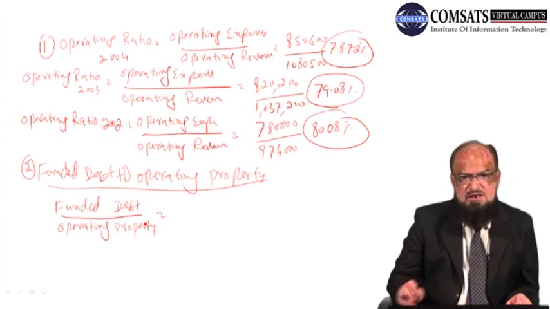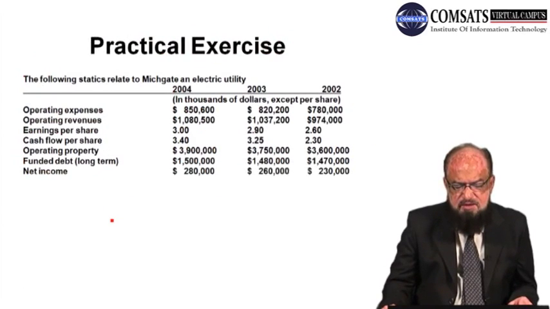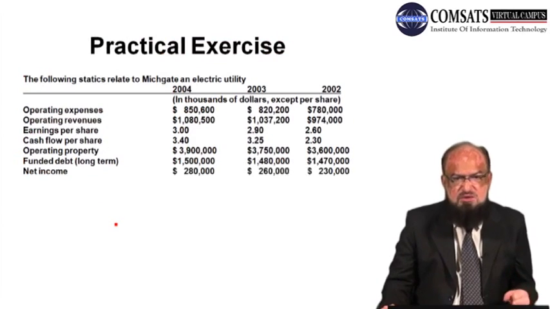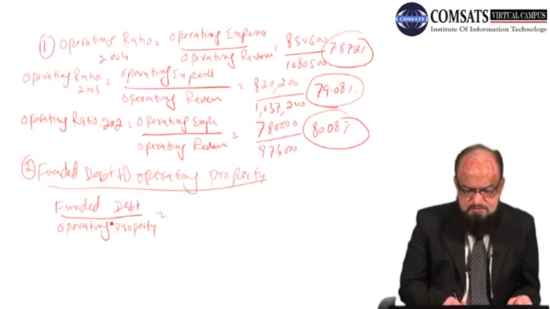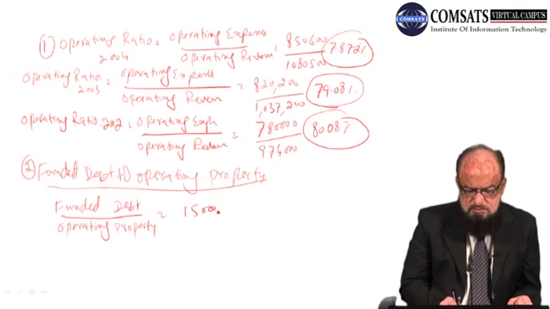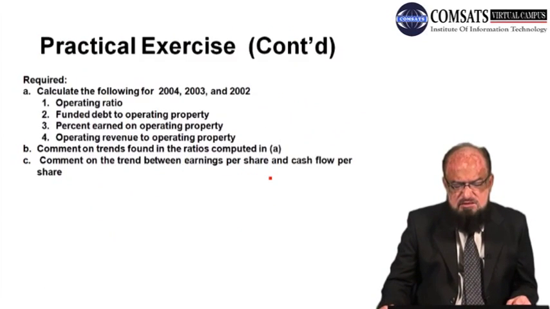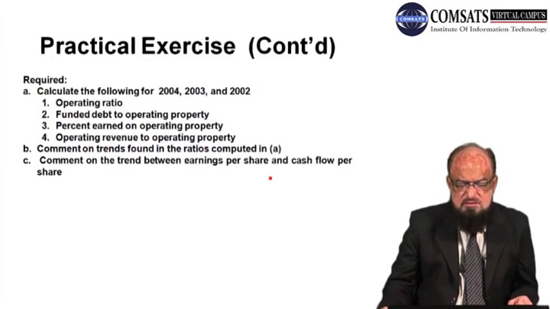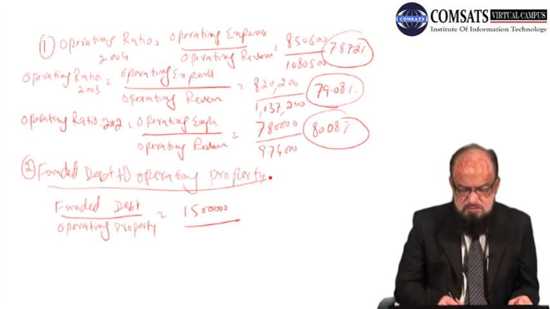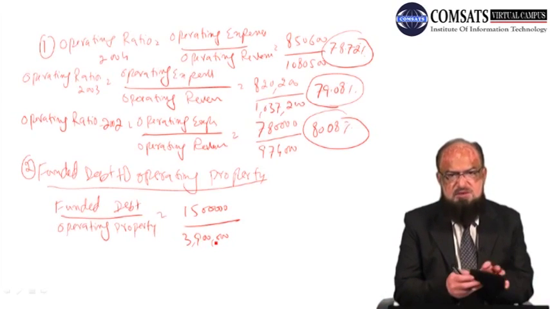Funded debt means long term, is given in the question, that is for year 2004 1.5 million, यानी $15 lakh, divided by operating property is given, that is 3.9 million. जल्दी से आप इसको कैलकुलेट कर लें.